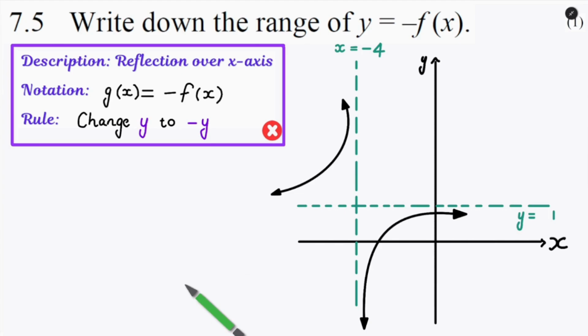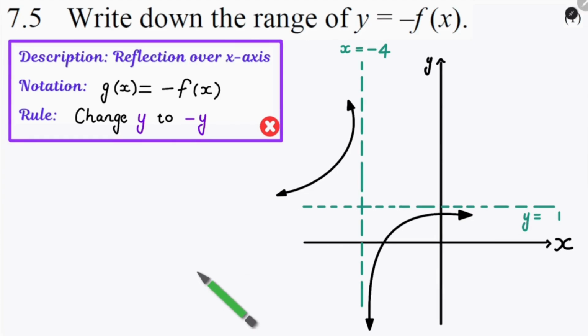So let's start structuring our answer now. So range tells me where the graph exists, and it deals with y values. So we're looking at our y values. So this graph exists at all y values except this y value here of 1. So how we state that in maths is we say y is an element of real numbers. That's saying y exists everywhere.